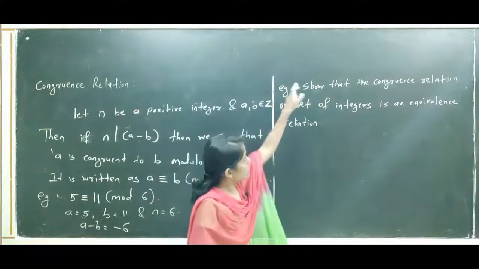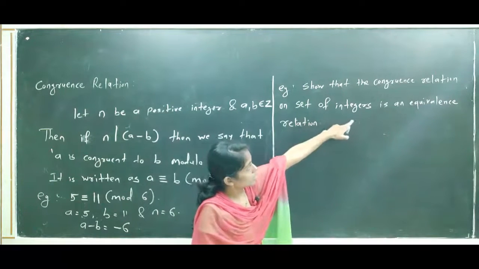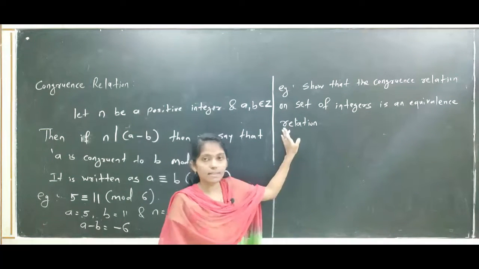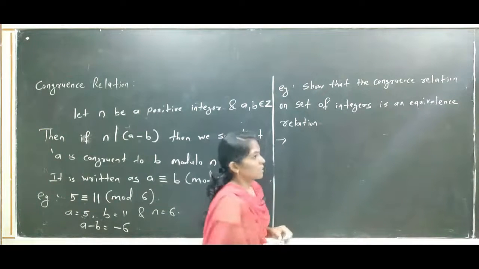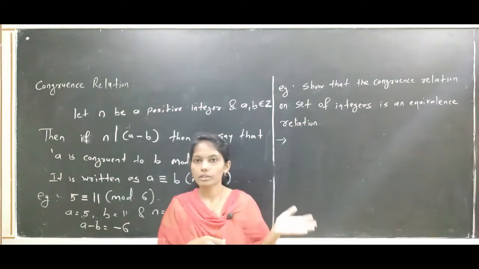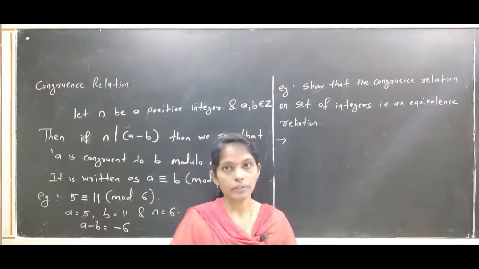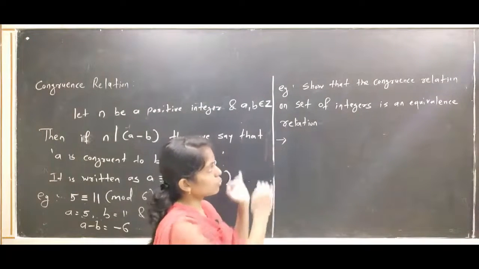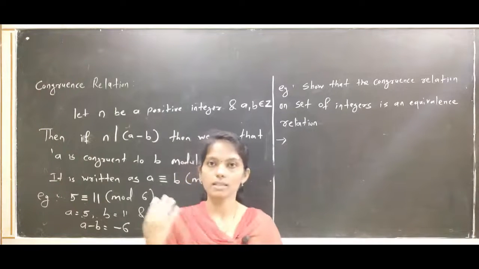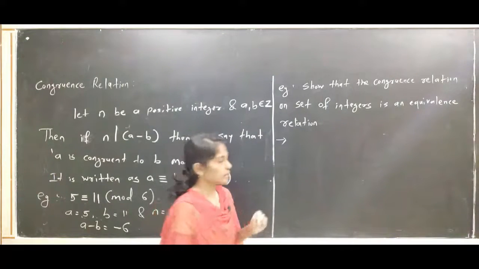Show that the congruence relation on set of integers is an equivalence relation. So here, solution. Here we want to show that congruence relation on set of integers is an equivalence relation. So equivalence, that means here we want to show that congruence relation is reflexive, symmetric and transitive.